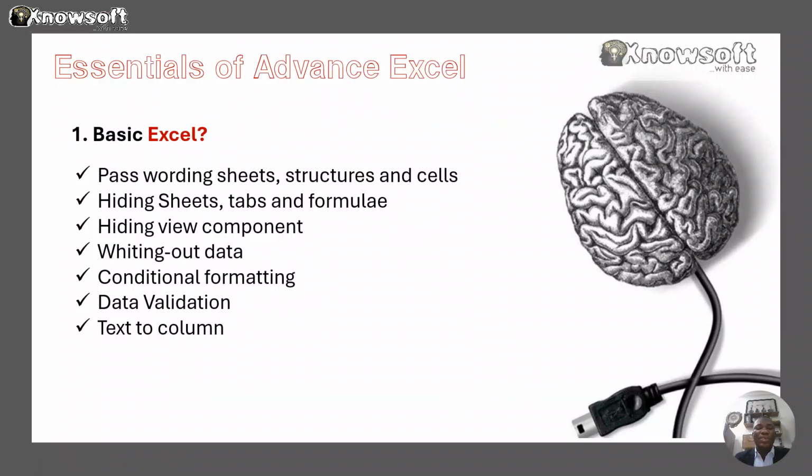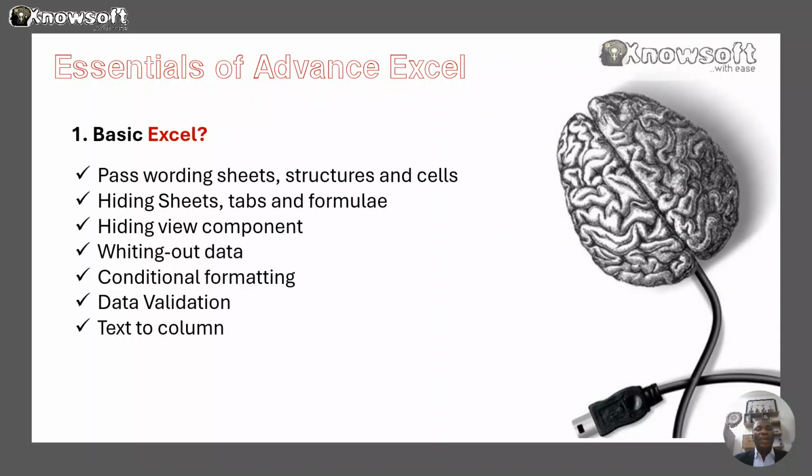I will tell you the reason why you need to know that, how to hide sheets, tabs, and formulas, how to hide view components, how to whiten out data, and then conditional formatting, data validation, and how to do text to column. All these are actually basic Excel skills. But let's see how it will be useful, because as we progress, we need these skills to be able to go into the higher classes where we'll be doing macros, where we'll be doing VBAs, we'll be doing advanced Excel.